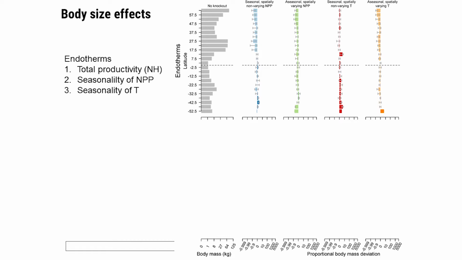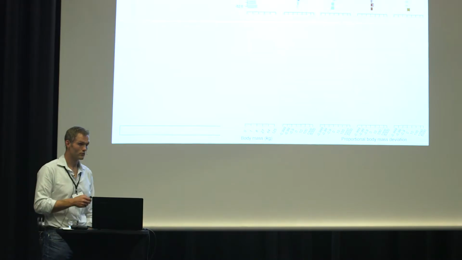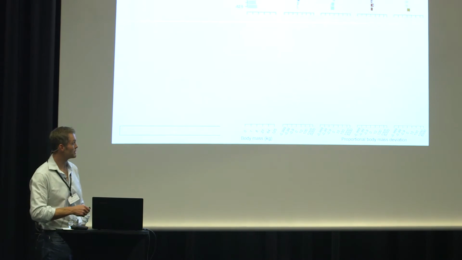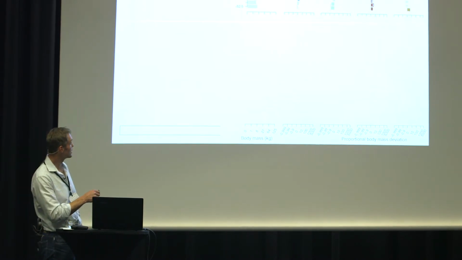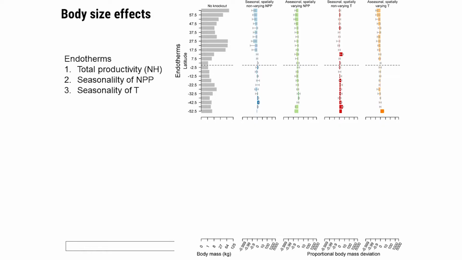And what we find is that in the northern hemisphere, the total amount of productivity is the most important for decreasing, or at least the greatest decreases in body size of endotherms, particularly in high latitudes. Whereas in the southern hemisphere, it's really the seasonality of that productivity that seems to be important. But there is some effect of the seasonality of temperature. If we remove any seasonality of temperature, we end up with smaller body-sized endotherms overall.